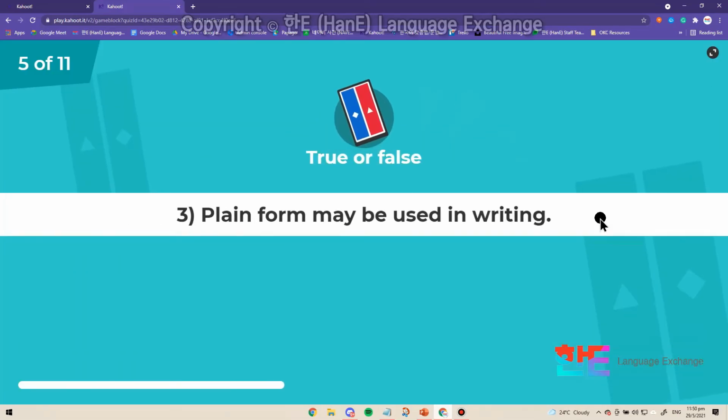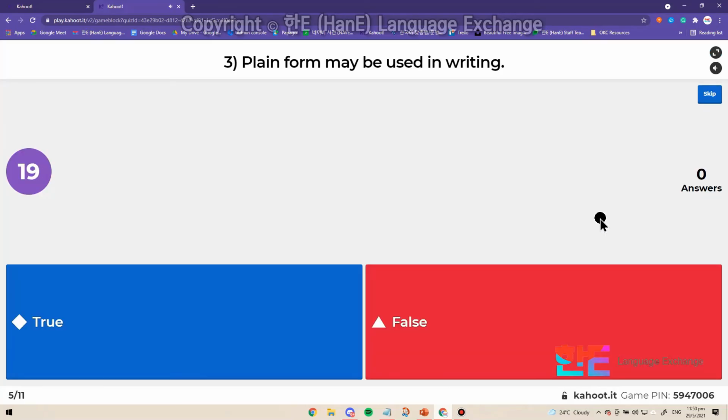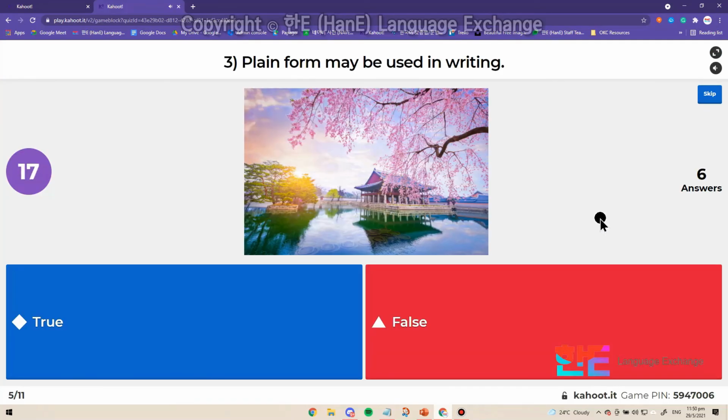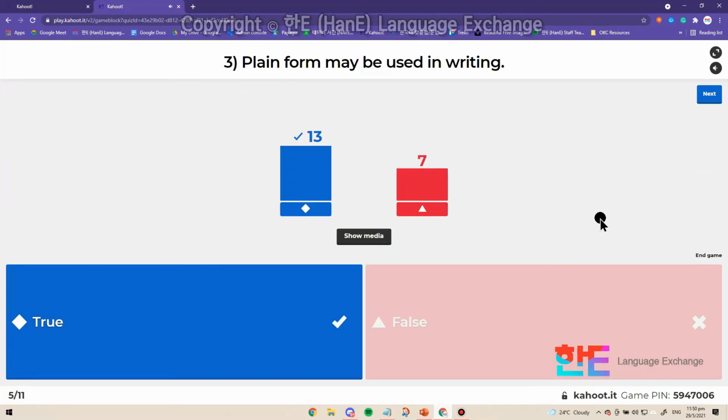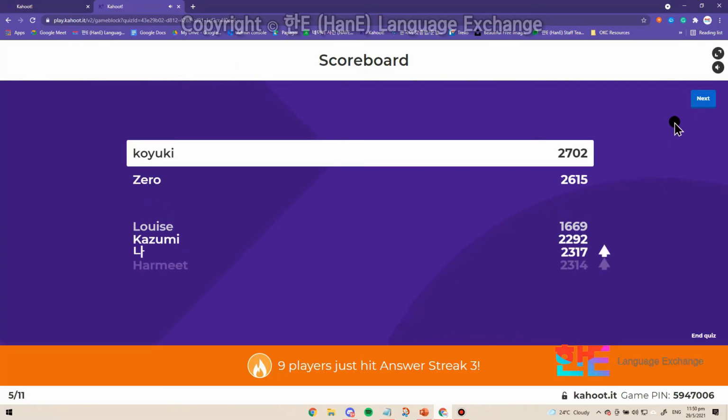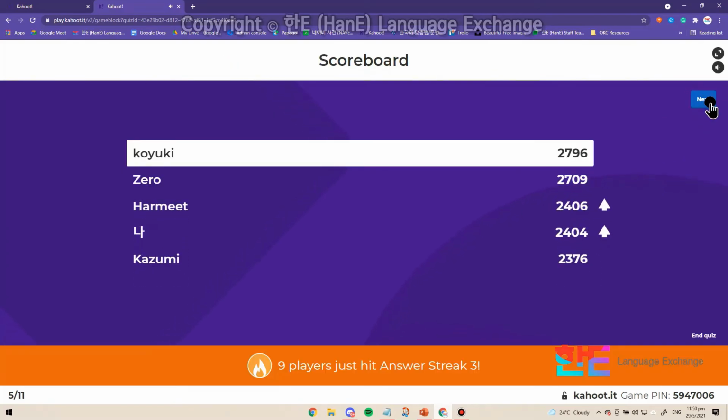True or false? Plain form may be used in writing. That is correct. We said that plain form is another conjugation form identical to present tense and that can be used in writing.